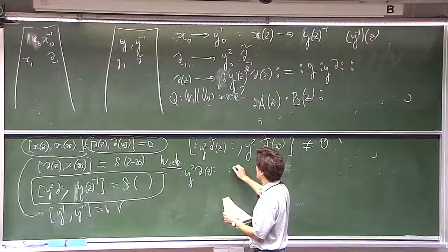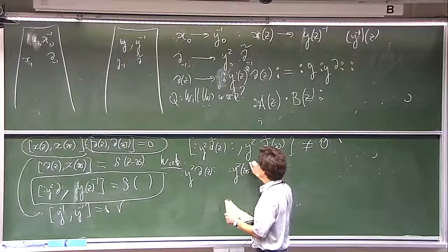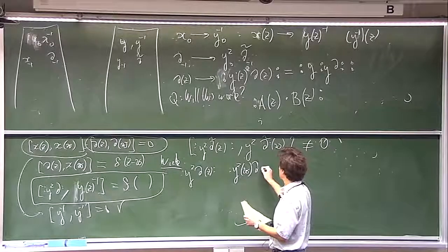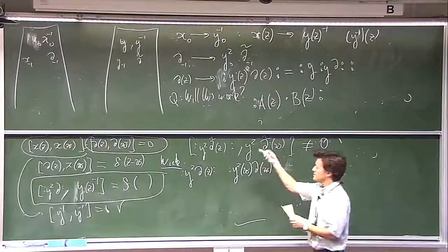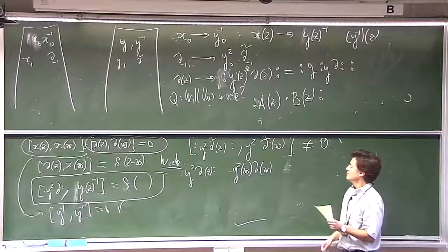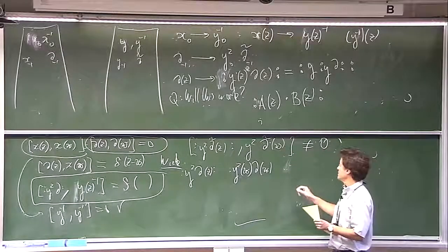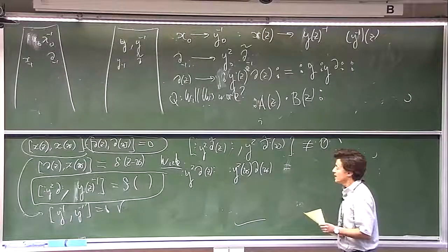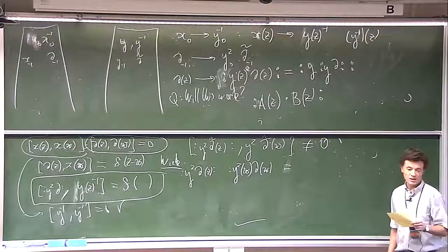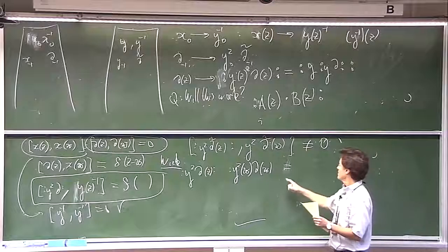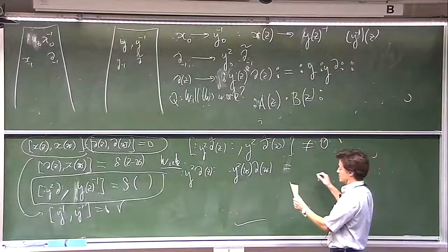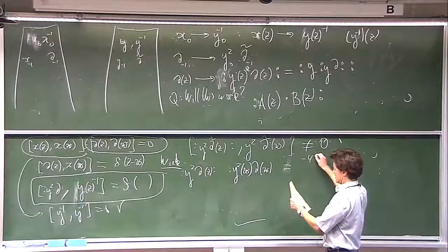So the convenient language is that of OPEs, closely related to what I use. I'll just write down the answer. That's the best I can do. So what you will get will contain a couple of terms like this.